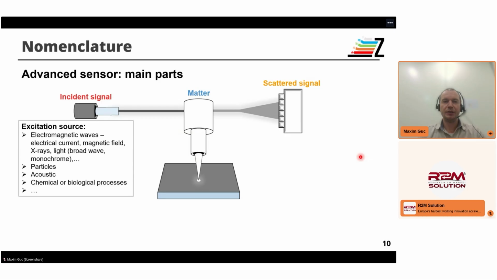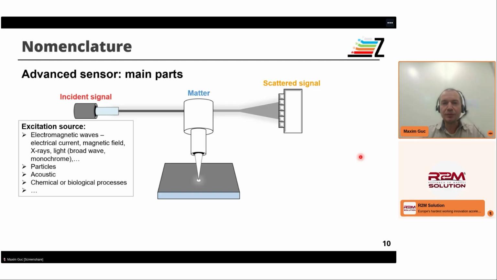So going a bit into the technical part, the details of what the main parts of the advanced sensors can be. Based on the working concept, of course, there is some excitation source that sends this incident signal. This can be electromagnetic waves or particles or acoustic waves, or even internal chemical or biological processes inside our materials, inside our samples, that start generating some reaction inside the material that we are detecting.